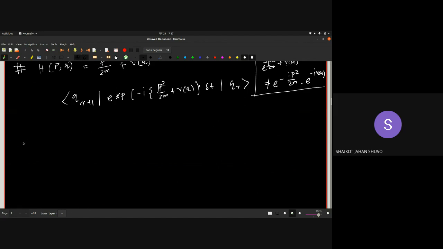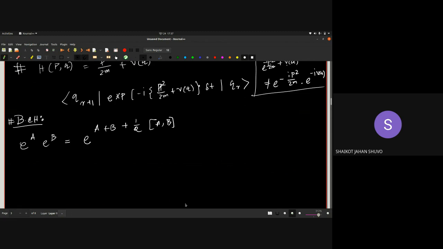If I recall correctly, the formula goes something like this: e to the power A times e to the power B is e to the power A plus B plus 1/2 of the commutator of A and B. Sometimes the commutator part is written on the left hand side, but it really doesn't matter. So this is the BCH formula.